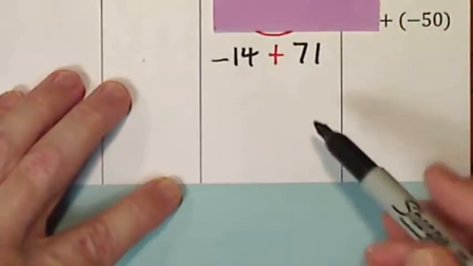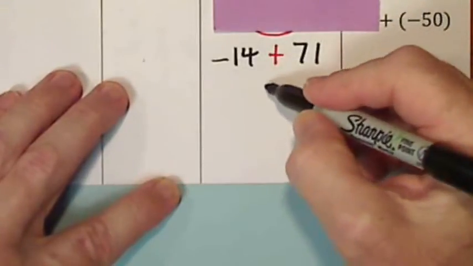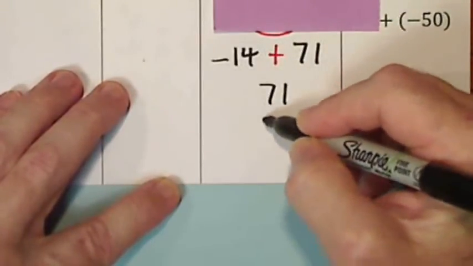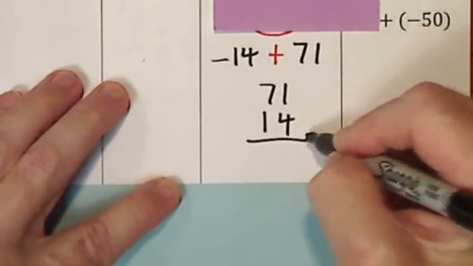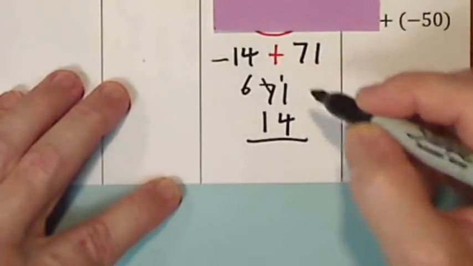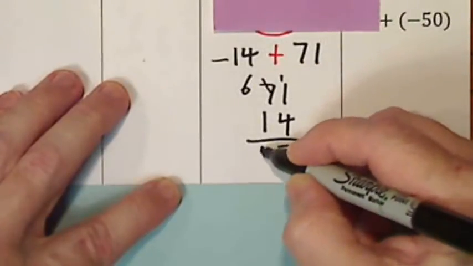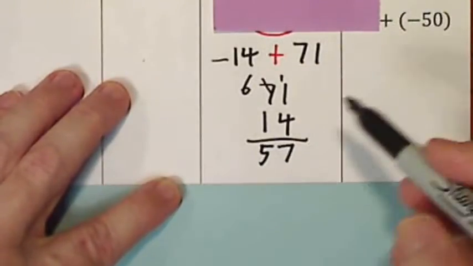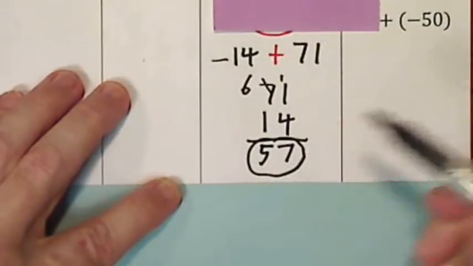All right, you don't have to worry about that at all. Signs are different. You're going to subtract. You'll keep the sign of the larger. This one will be positive. So this is our answer, positive 57.